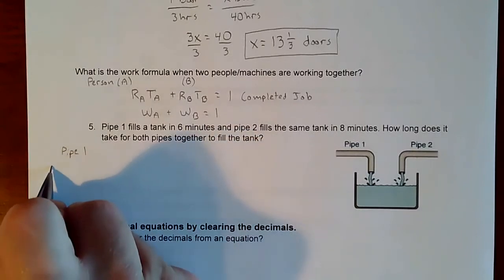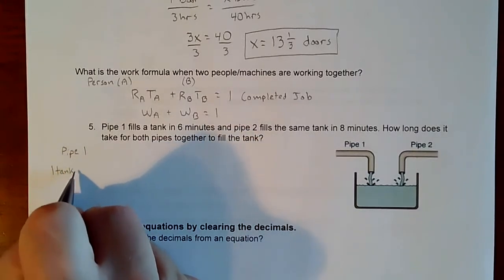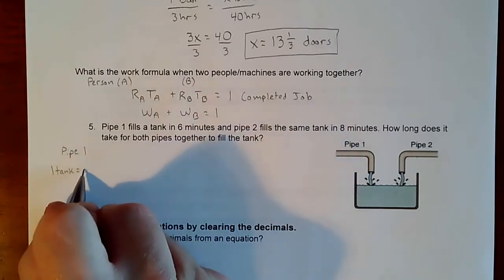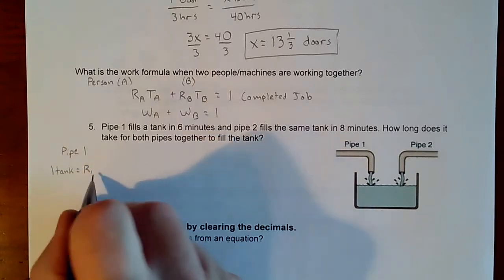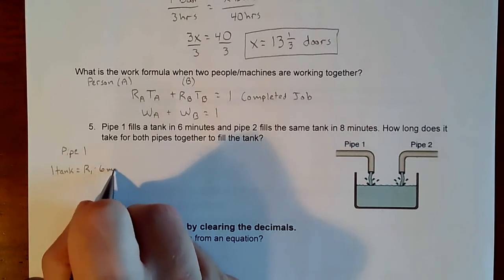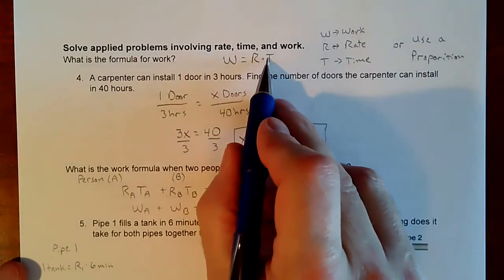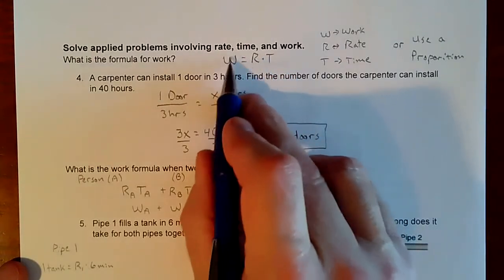Okay, we have one tank. So that's your job, equals some sort of a rate, pipe 1, times time, so 6 minutes. All right, so there's a rate times the time equals your job, this work.